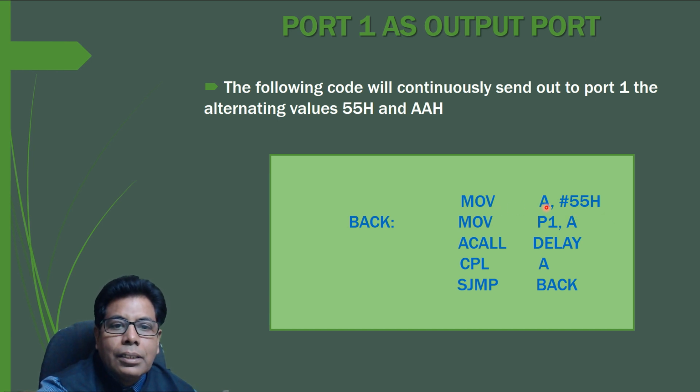First we load the accumulator with 55H, then copy A to port 1, then we call a delay, then we complement A. When we complement 55, it will be AA, and then we give a SJMP back. Again A is loaded into port 1. In this way, this will give continuously alternating values 55H and AAH on port 1.